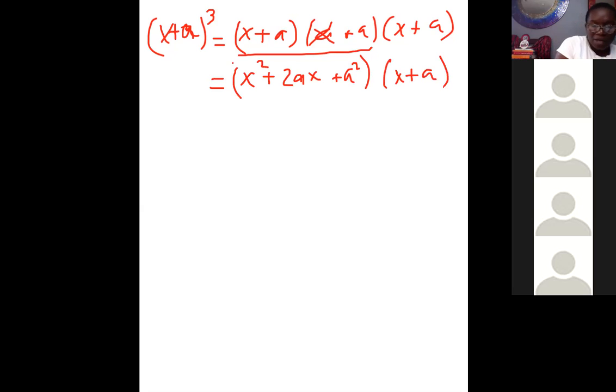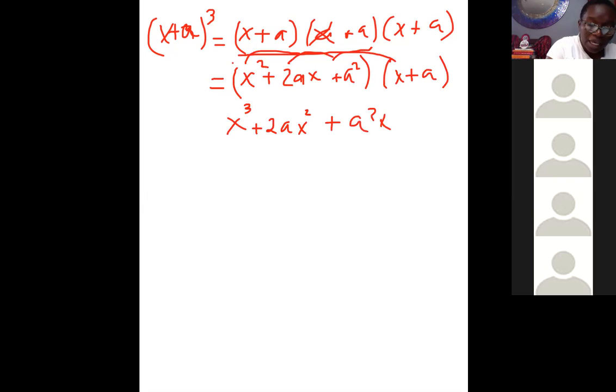And of course, you would just go ahead and FOIL, multiply the x over every single term over here. That would give you x cubed plus 2ax squared plus a squared x.